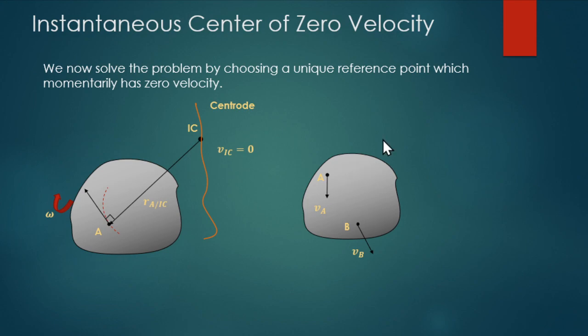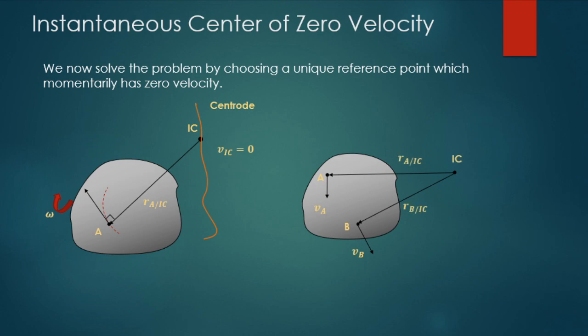So by locating the instantaneous center, we again extend the line of action of velocity A and velocity B. So the lines of action of the two points must intersect. So the intersection point is the instantaneous center.